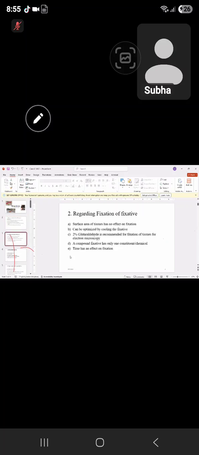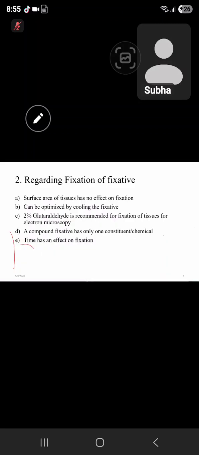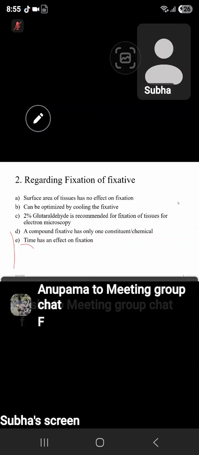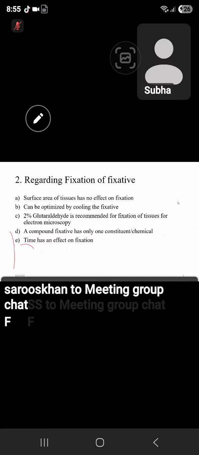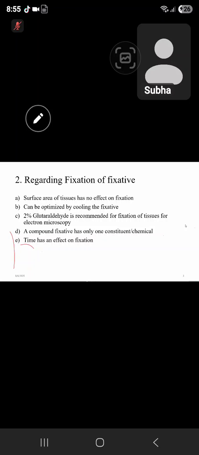Second one. Surface area of tissue has no effect on fixation. True or false? False. Can be optimized by cooling the fixative. True or false?